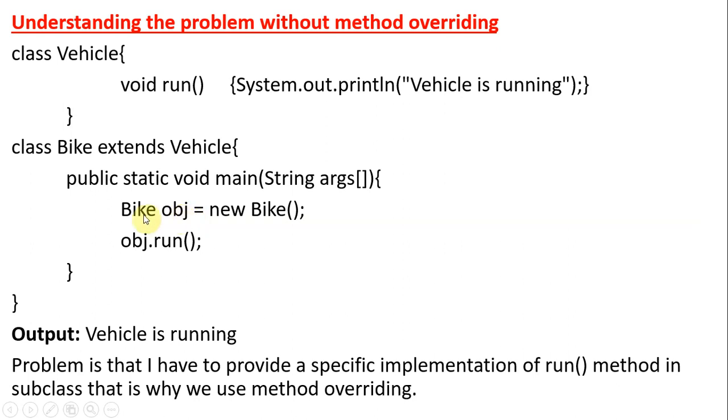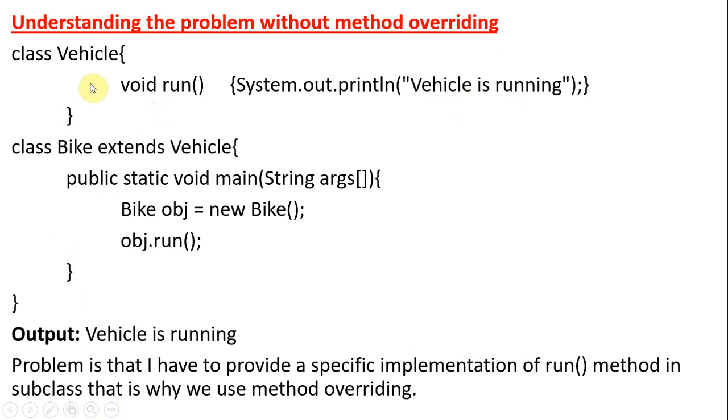No constructor is there, neither a superclass constructor nor a subclass constructor. We take the object and by the object we call the run method. So where is the run method? Here. The output of this entire program is "Vehicle is running". Okay, that is good.